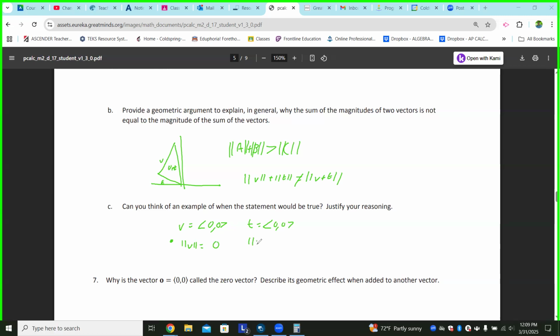What would the magnitude of t be? And if I was to say, hey, what's v plus t, what would you get? Zeros. And then what is the magnitude of v plus t? 0, right? So if you happen to have two vectors that are just at 0, 0, then yes, this case would happen, but you also wouldn't have a triangle, right? You would just have a singular dot, right?